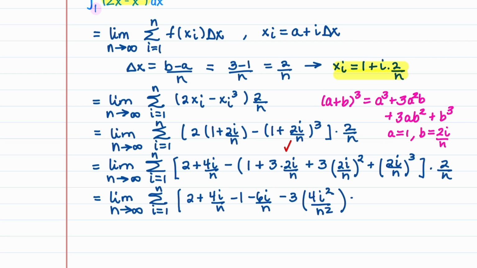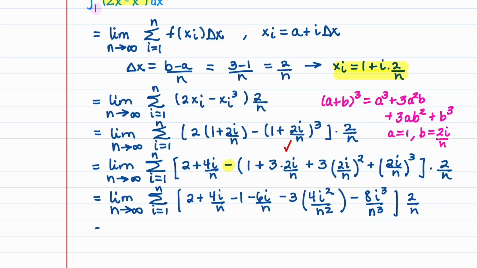And then we subtract 2 cubed, which is 8, so this is 8i cubed over n cubed, all times 2 over n. I think the biggest mistake I see students make, and sometimes I make too, is to not pull that negative through to all 4 of those terms.